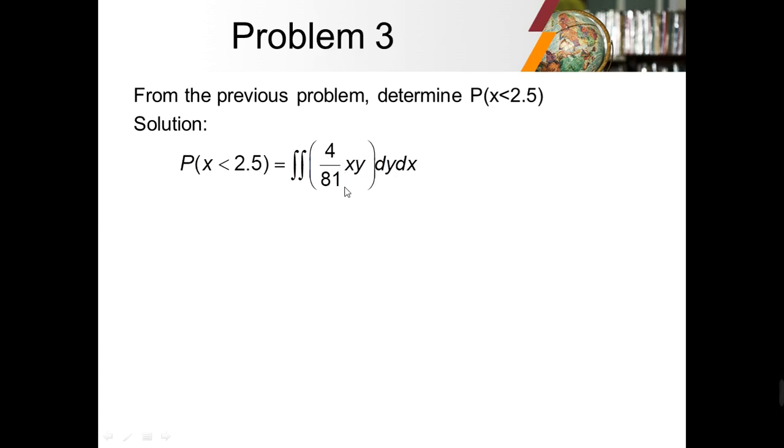So, sabi, ang y daw ay nagre-range from 0 to 3. So, ang ating limits for y is 0 to 3. Okay? Pero, for x, ang marginal probability na hanap natin is x is less than 2.5. So, ang limits natin for x is 0 to 2.5.